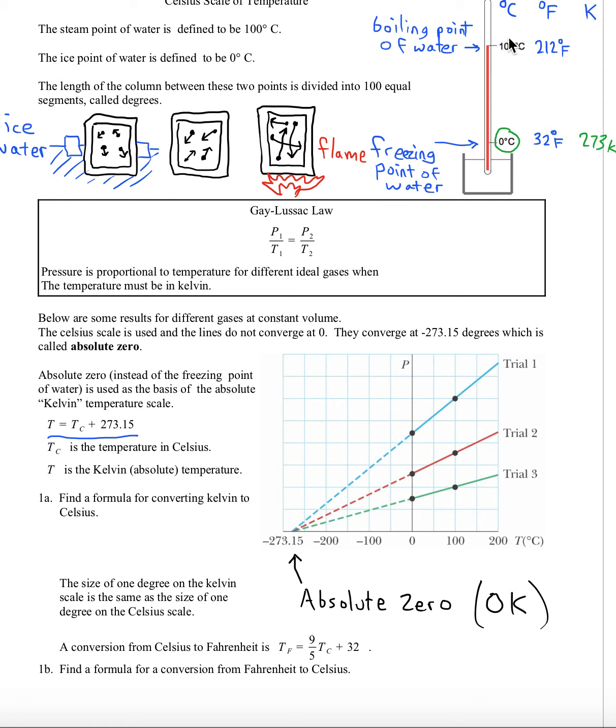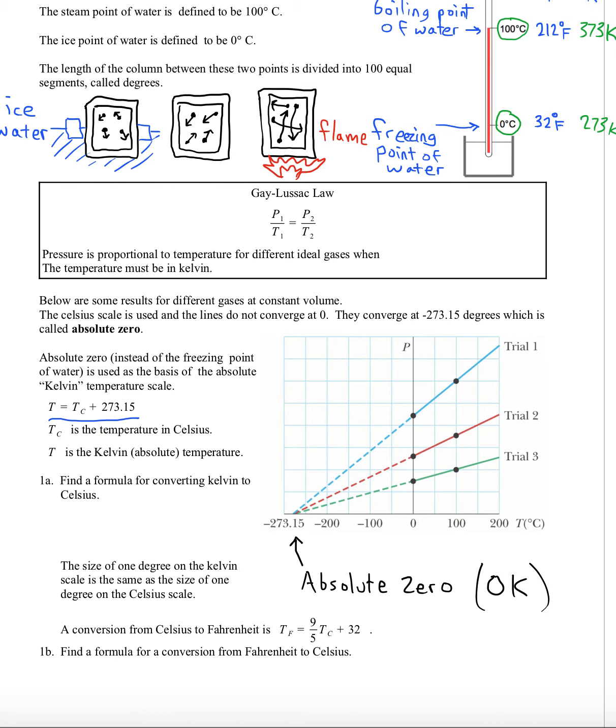What if you take the 100 degrees Celsius and you want to know what that corresponds to in Kelvin? Well, just add 273 and you get 373 approximately. So those are the numbers that correspond to freezing of water and boiling of water in the Kelvin scale.